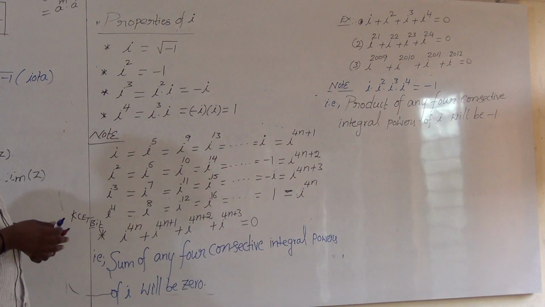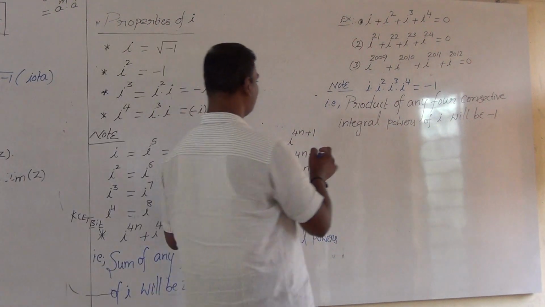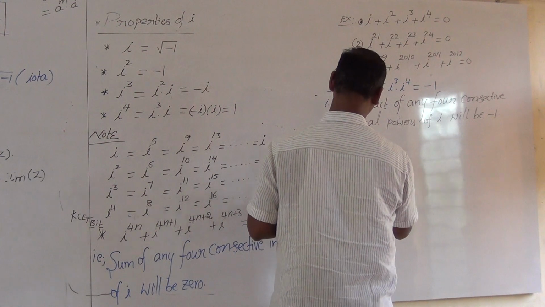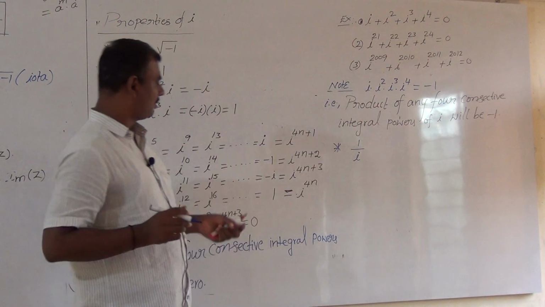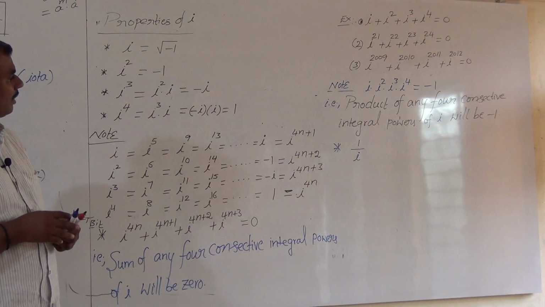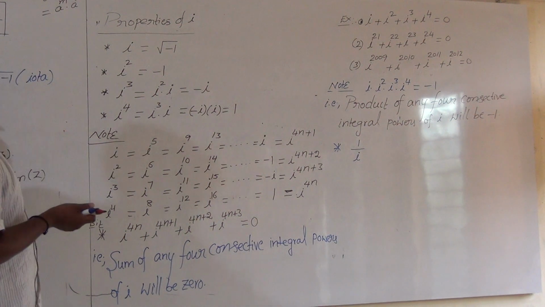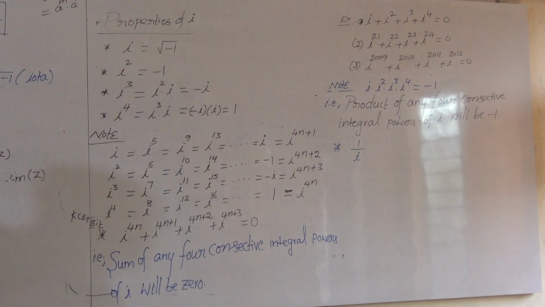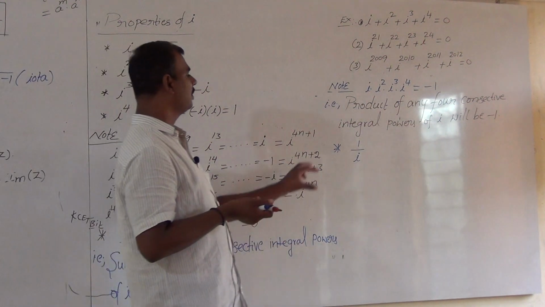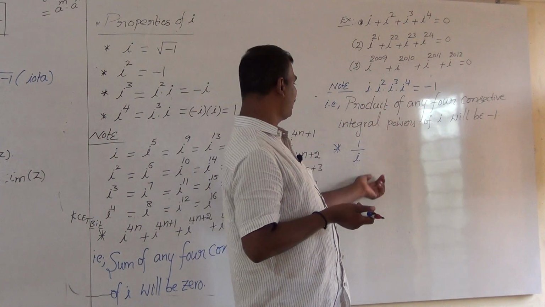So remember all of these. And next, one more property to remember: 1 by iota. Algebraically, it is not in the form of a plus iota b. So we should make it so. How to make it in the a plus iota b form? We have to use the rationalization method. What is the rationalization method here?